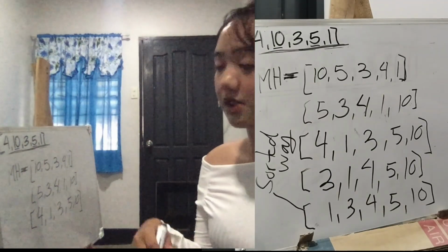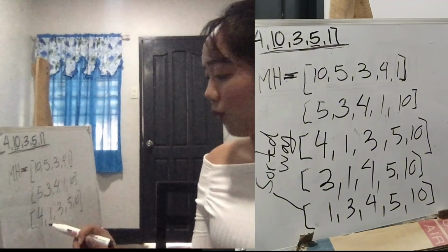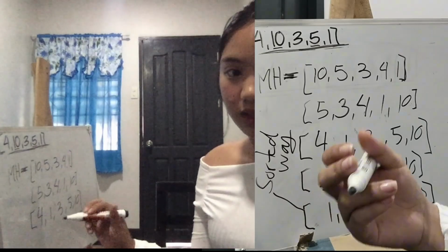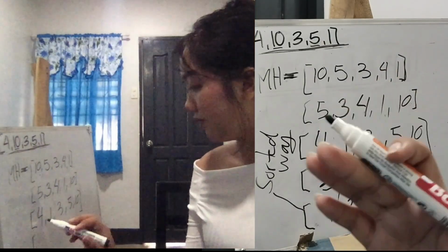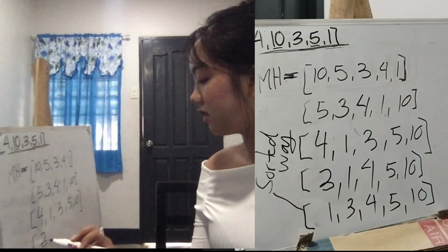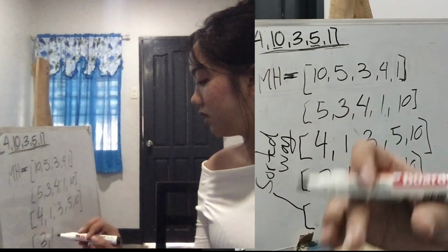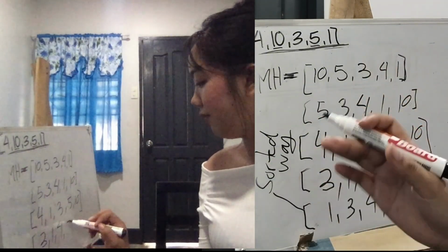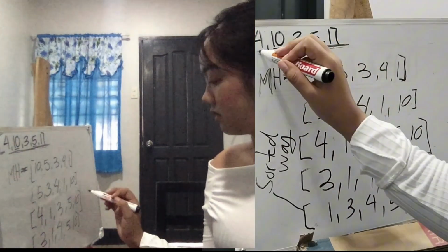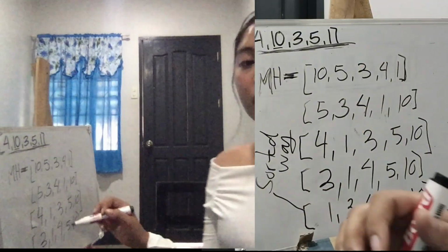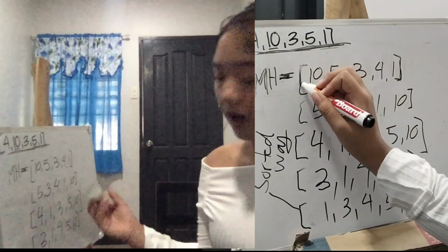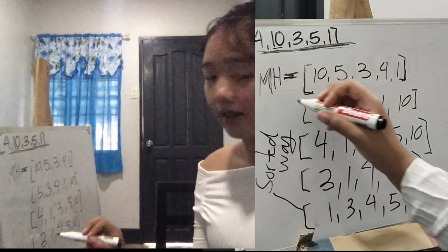And then again, let's repeat it. Let's swap 4 and 1. Then let's heapify again, so the 4 will be in here. So it will be 3, 1, 4, 5, 10. Again, let's swap 3 and 1.